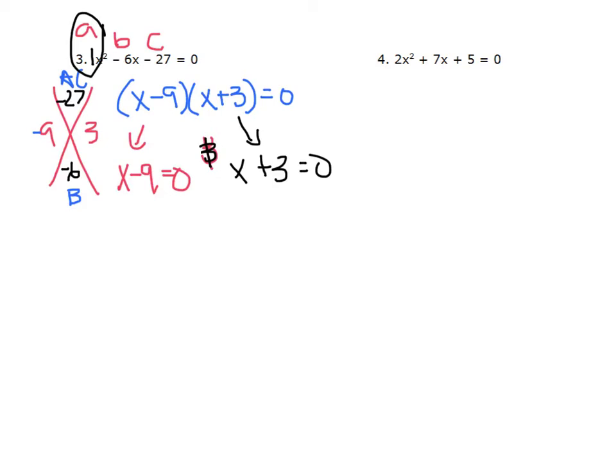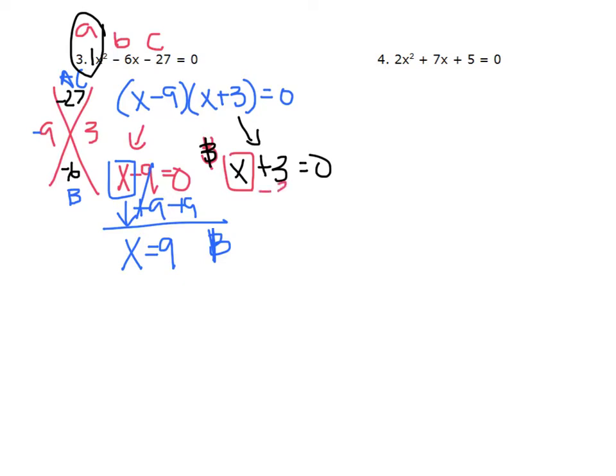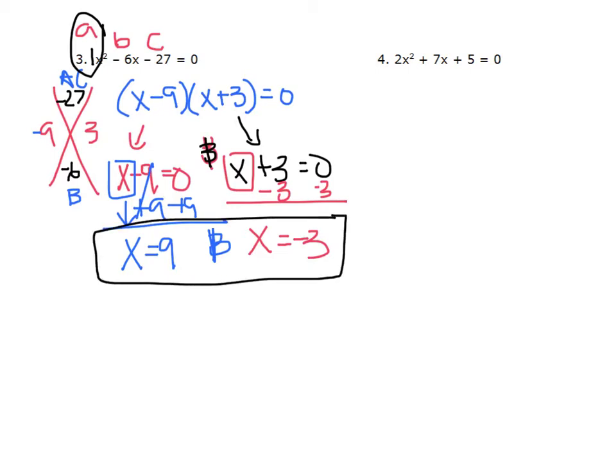Okay, so you just separate them, and we solve for x. Box around my variable. I'm going to add 9 to both sides, so I get x equals 9, and we get, box around my variable, subtract 3 to both sides, x equals negative 3. So these two numbers represent our zeros for the quadratic.